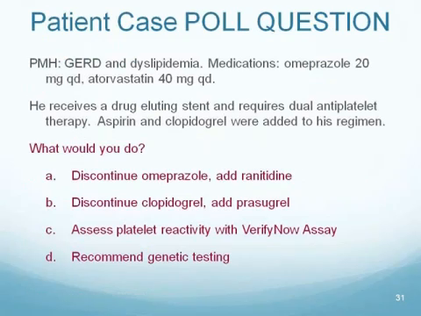Now let's go back to our patient case poll question and look at some other potential options. Again, we have our same gentleman who got the drug-eluting stent. Aspirin and clopidogrel were used. He has a history of GERD and dyslipidemia, so he's currently on omeprazole and atorvastatin. And now some other choices for you to consider.